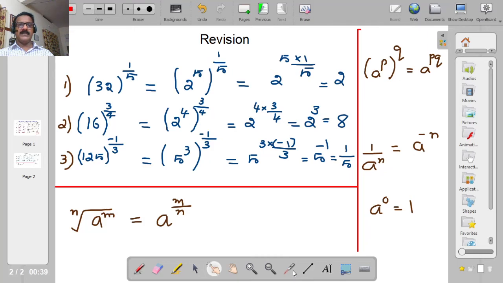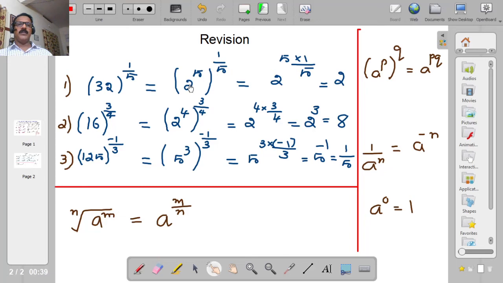We will be practicing some more problems. We have to find 32 raised to 1 upon 5. We know that 32 is equal to 2 raised to 5. So 32 raised to 1 upon 5 is equal to 2 raised to 5 the whole raised to 1 upon 5.